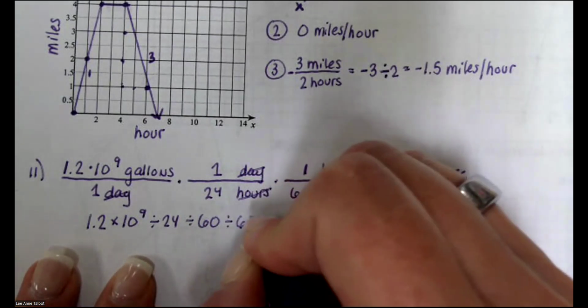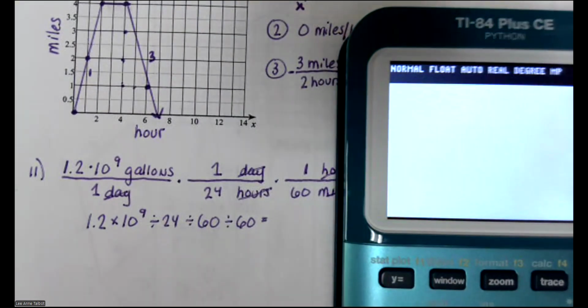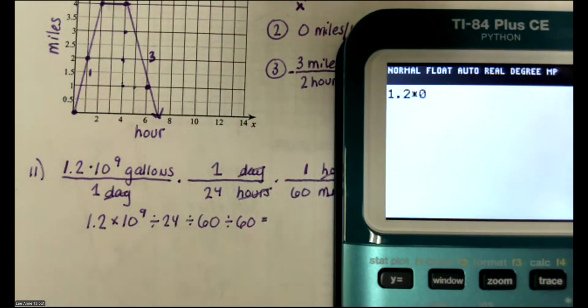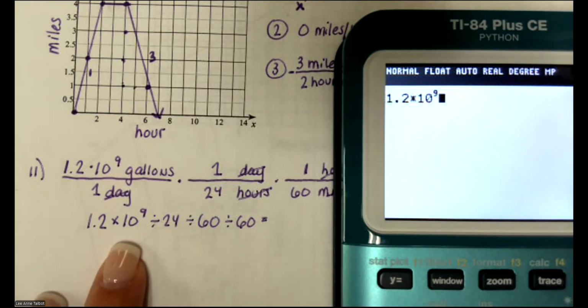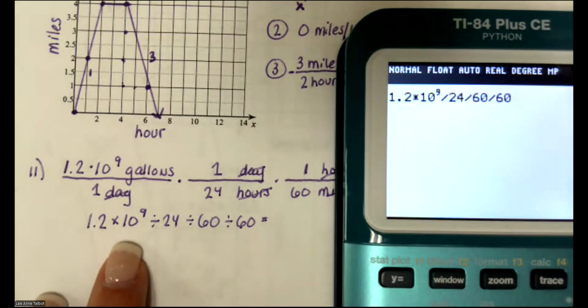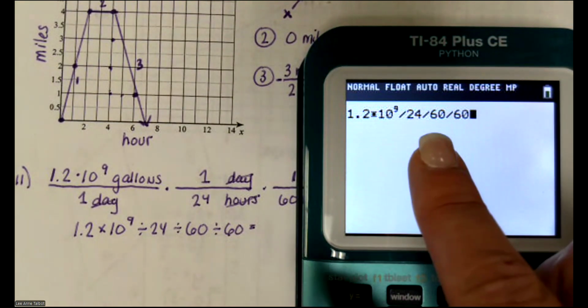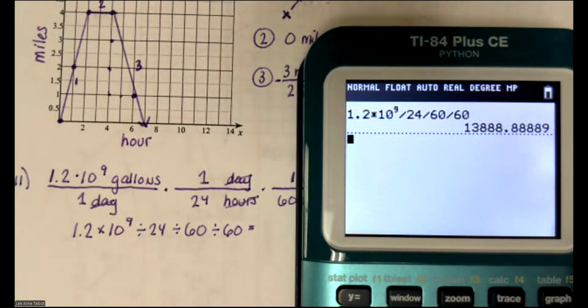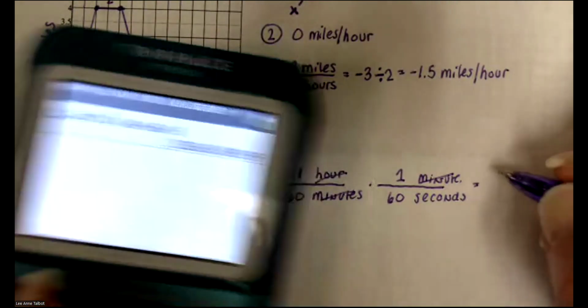Divide 60. So 1.2 times 10 to the 9, divided by 24, divided by 60, divided by 60. 13,888.9 gallons per second. Ooh, goes down here.